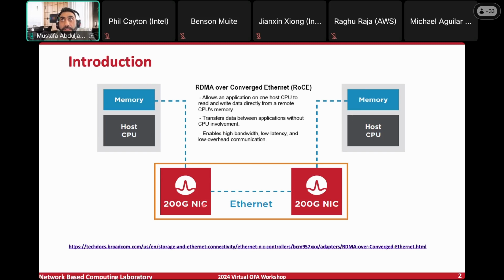So you see that we have a direct line going from one memory to the other memory on the target node through the NIC. This allows for transfer of data between applications without CPU involvement, and it enables higher bandwidth, lower latency, and low overhead communication over conventional Ethernet.